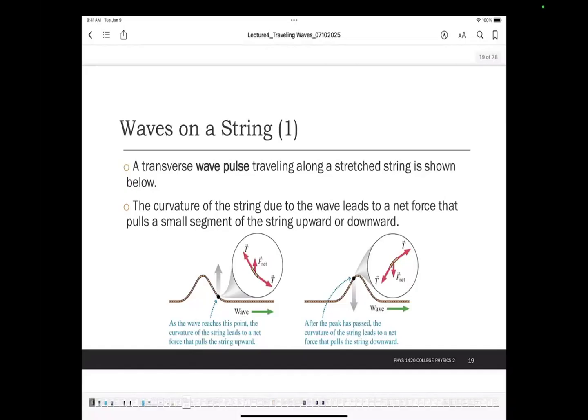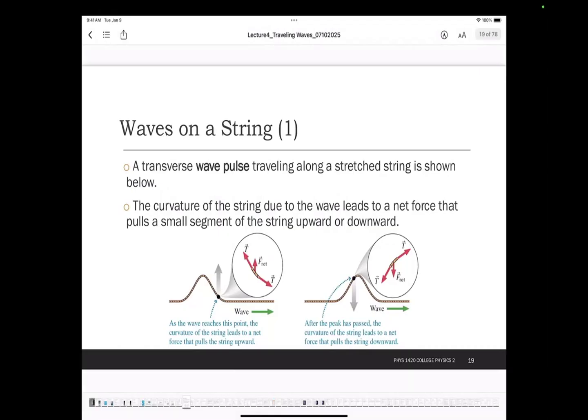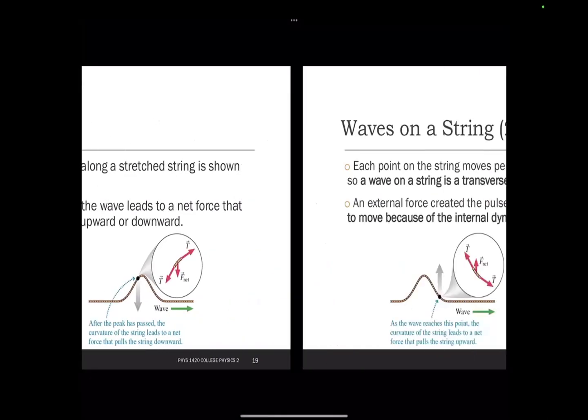You can see the curvature of the string. As the wave reaches this point, the curvature of the string leads to a net force that pulls the string upward. Sorry, let me try to.